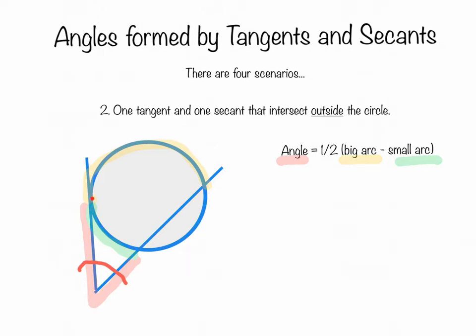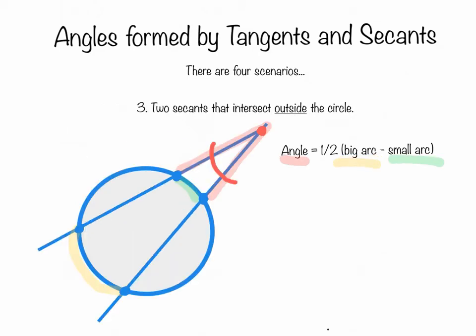It goes from the point where it intersects a circle, where it's going to divide the circle up, and let me put a point right here. And so we look at the interior of the circle for our arcs. The angle is on the outside of the circle, so we're going to use this formula, and we take half of the difference between the big arc and the small arc.